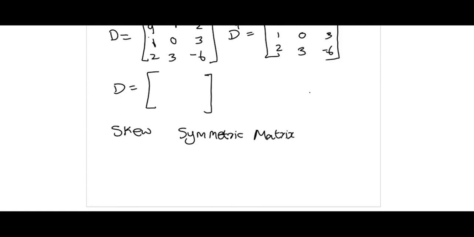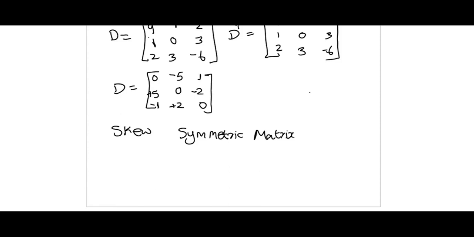So first, I'm going to make my principal diagonal everything 0, and then the entries up and above my principal diagonal will have opposite signs. So if this is minus, here should be plus. If this is plus, here should be minus.